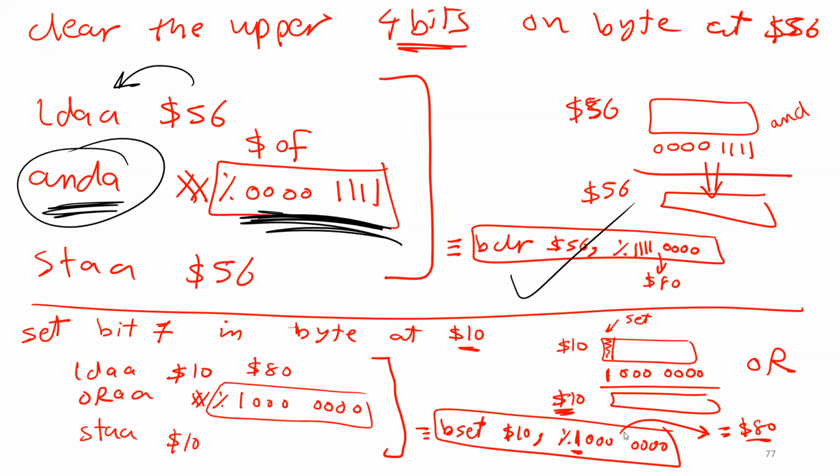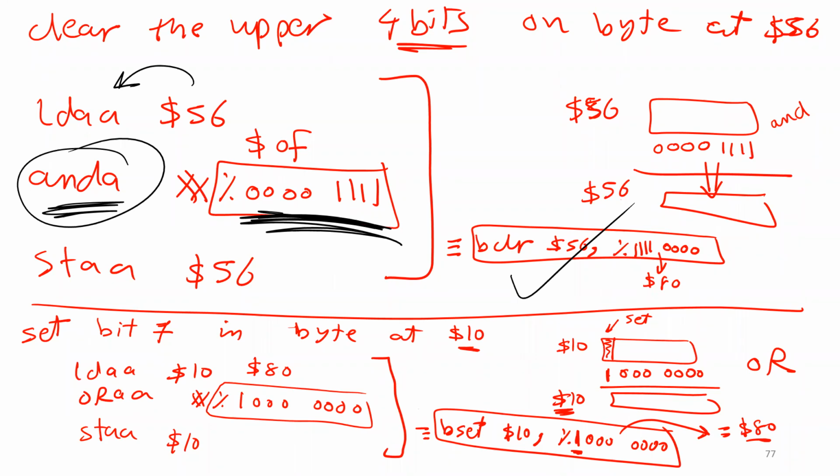The other approach, I can read the byte at location 10, and then I can do OR. I know that in the case of OR, 0 means no change. The bits I don't want to change, I'm going to put zeros. The bits I want to set, I'm going to put 1. That's why I put it this way. And then I'm going to store the result here in 10. You can write this one in binary, or you can write it in hexadecimal this way.